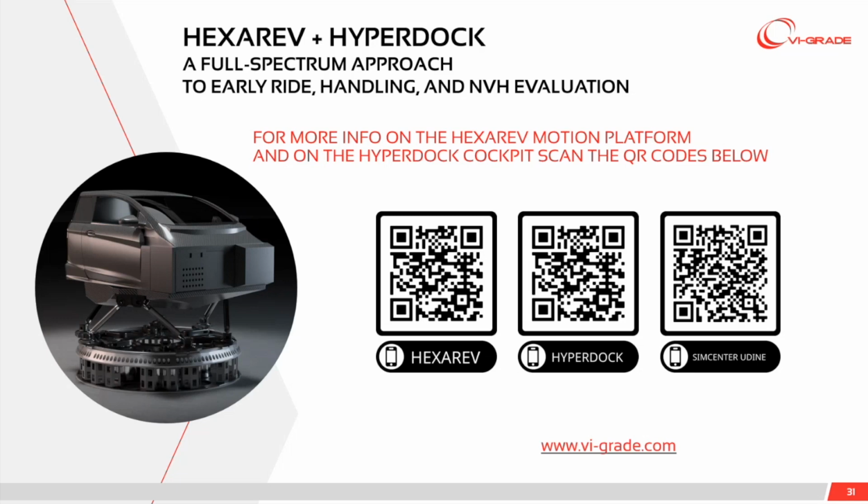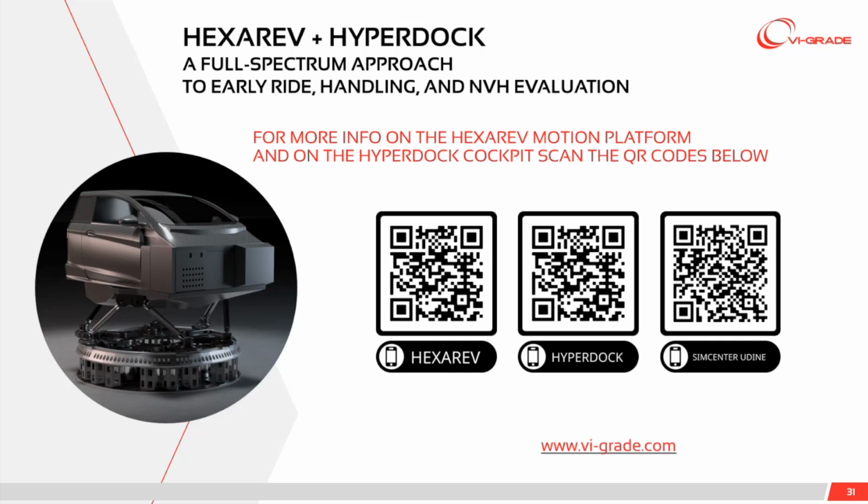We have someone else here who is asking about the total range of motion, translations and rotations, as well as the payload. So this kind of information for the HexaRev in particular is available on the website if you register.